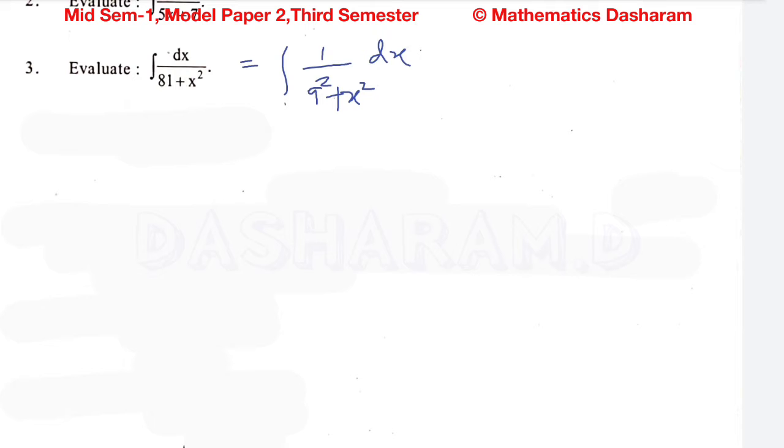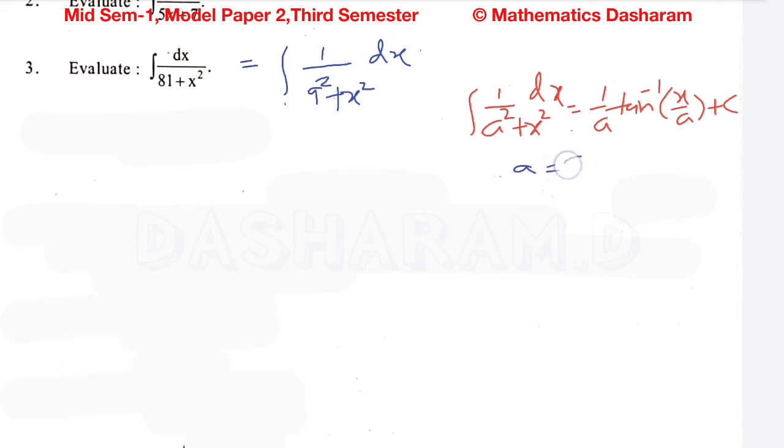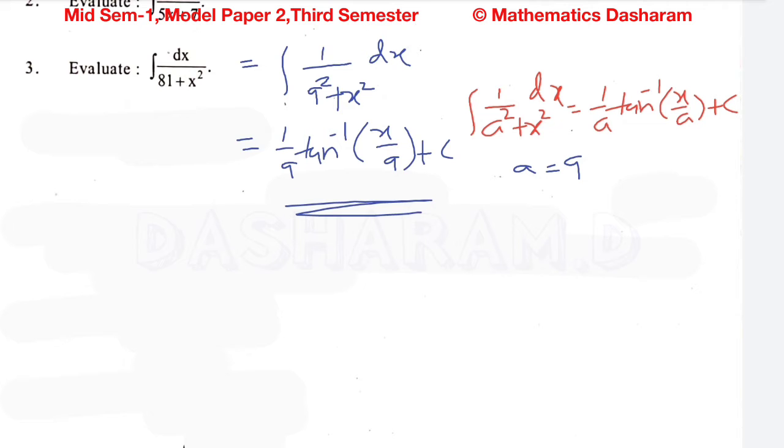So here the suitable formula is integration of 1 by a square plus x square dx equals to 1 by a into tan inverse x by a plus c. So here what is the a value? A equals to 9. So therefore the answer is 1 by 9 tan inverse x by 9 and add one constant. So this is our required answer.